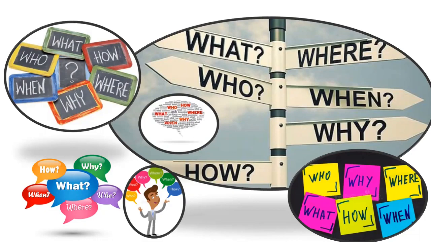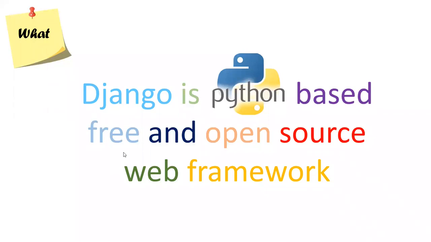The first always will be, what is it? What is Django? Django is a Python-based free and open source web framework. I will interpret each individual word and give you some meaning about it. So it's Python-based. Python is a programming language, one of the most popular, easiest programming languages in the world. So Django is built in that, and it's free.